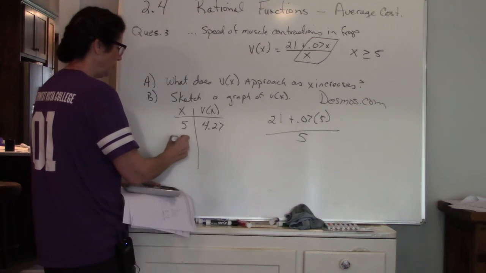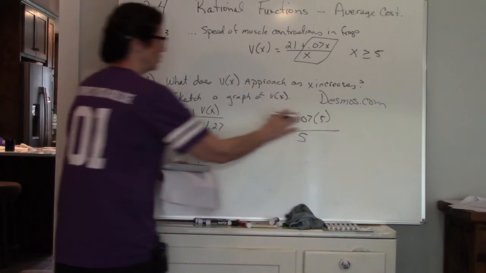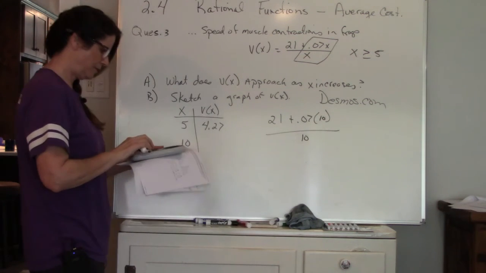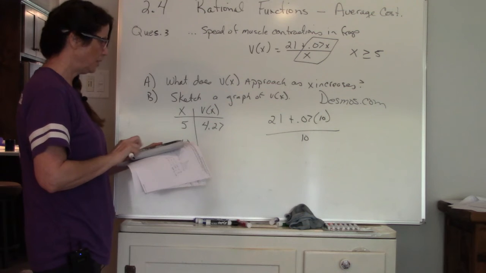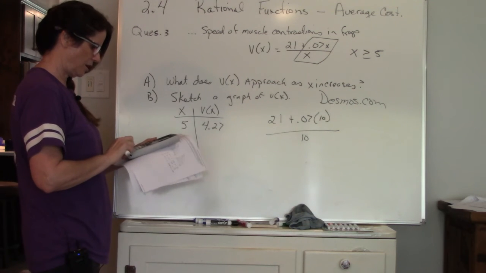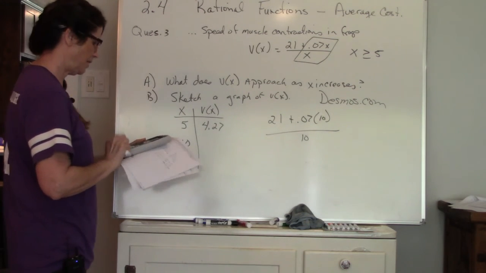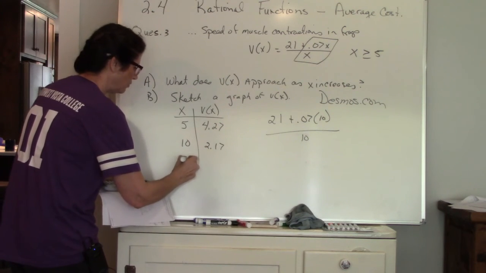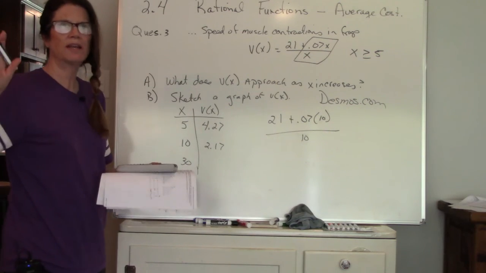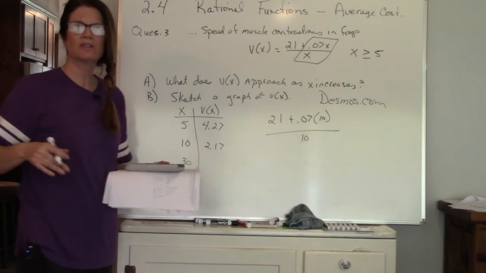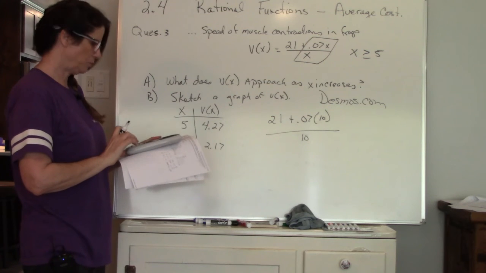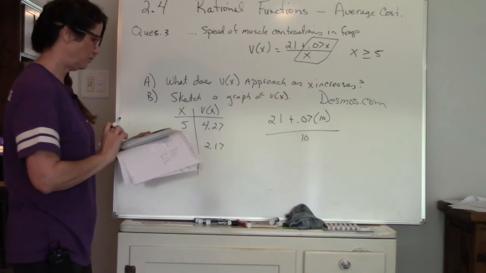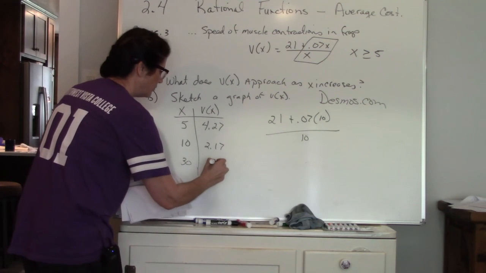Because it's any number greater than 5, I can do 10. So I take out my 5 and put in 10, take out 5, put in 10. So I have 21 plus 0.07 times 10, all divided by 10, and I get 2.17. Keep going. If I do 30, and again, x values, you can plug in whatever you want. Just make sure it fits the domain. So 21 plus 0.07 times 30, all divided by 30, is 0.77.